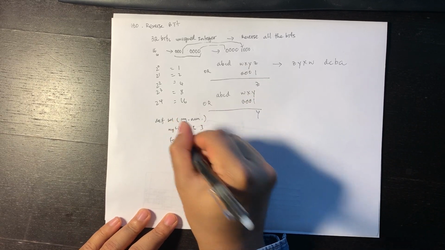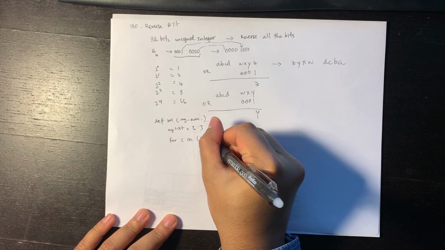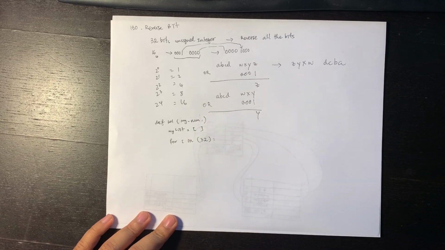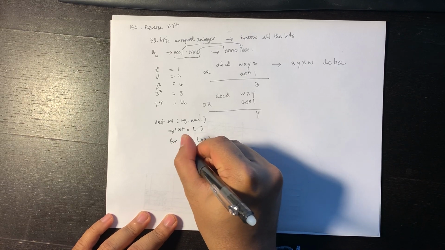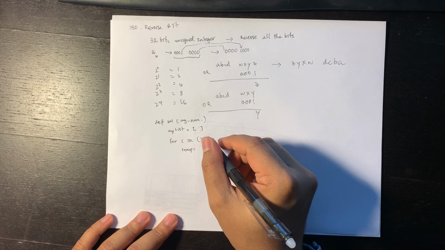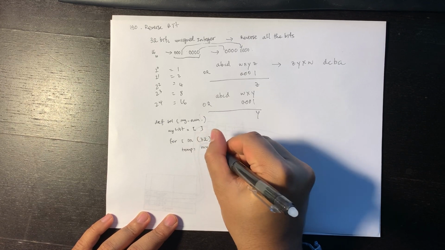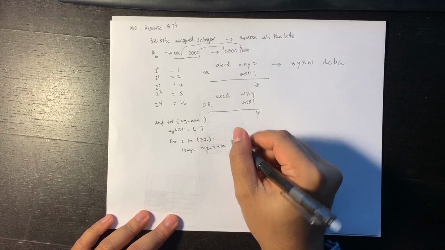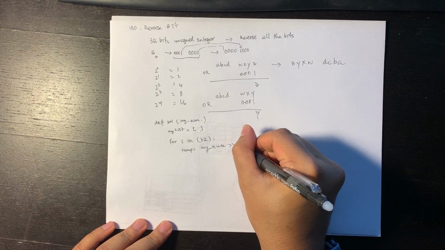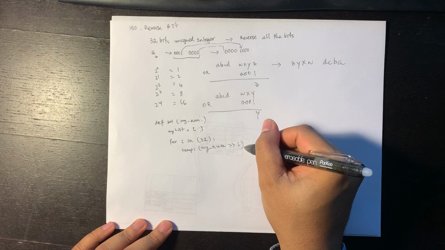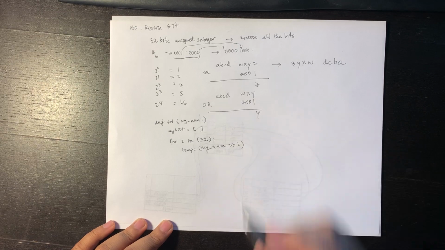So we go for i in 32 because there are 32 bits, and then we want to do bit is equal to num shifted by i. Since this is the first iteration, i would be 0, so it doesn't shift anything.